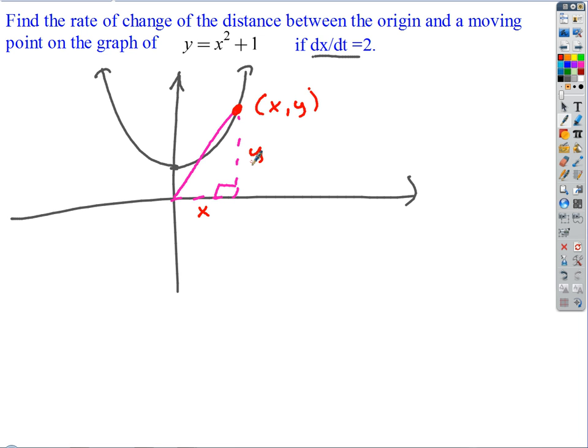The hypotenuse is going to change, but what is it in terms of x and y? It's the square root of x squared plus y squared. So the distance D, which is what we're looking for, equals the square root of x squared plus y squared.